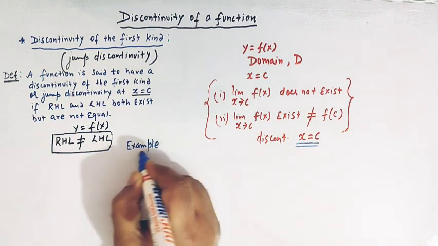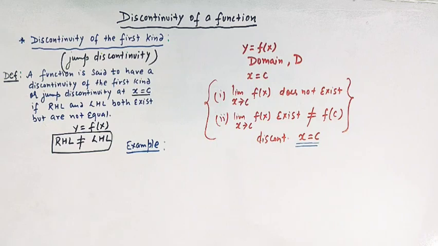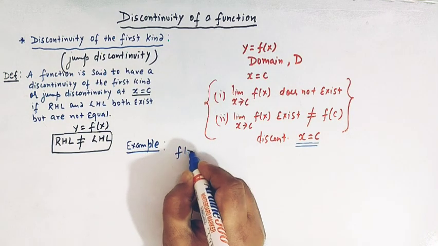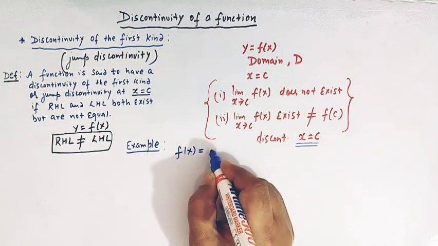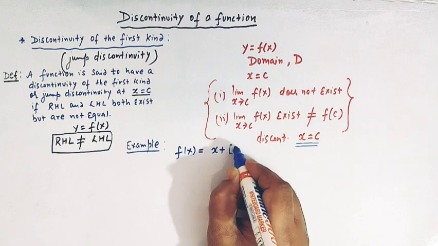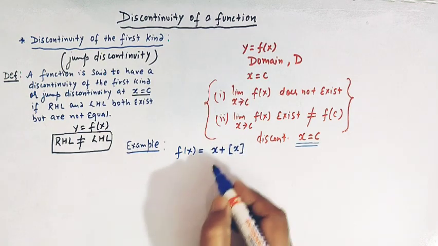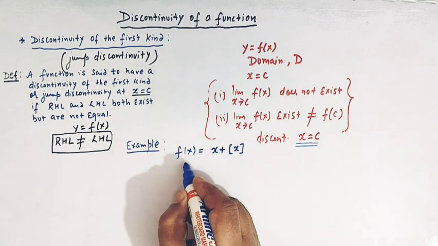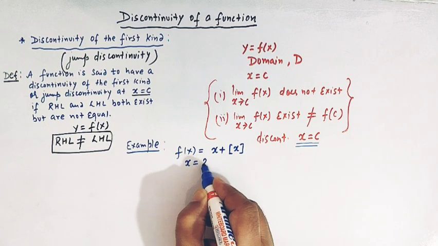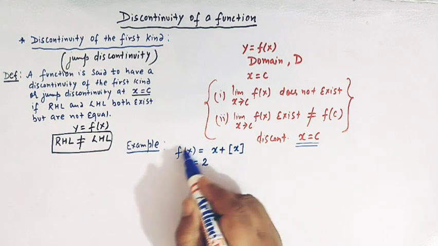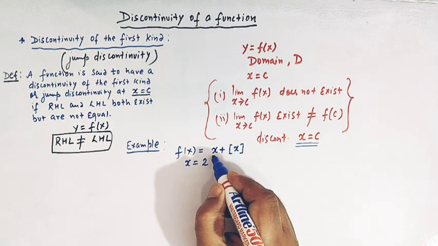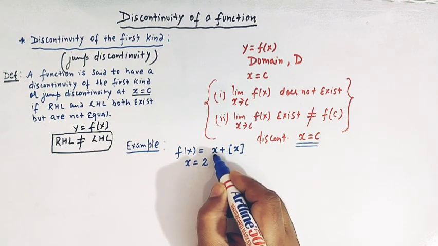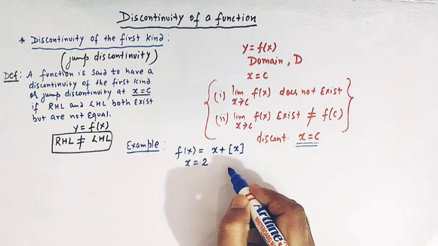So now to understand the concept of jump discontinuity, let us consider a very nice and important example. Let us consider a function f of x that is equal to x plus greatest integer of x, and let us take a point, say x is equal to 2. Here we have a function which is the sum of the polynomial function, which is simply x, and the greatest integer function.